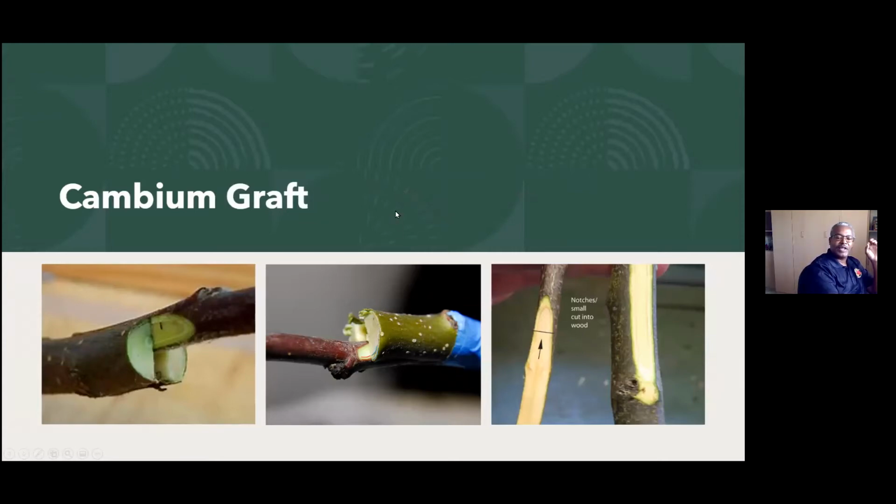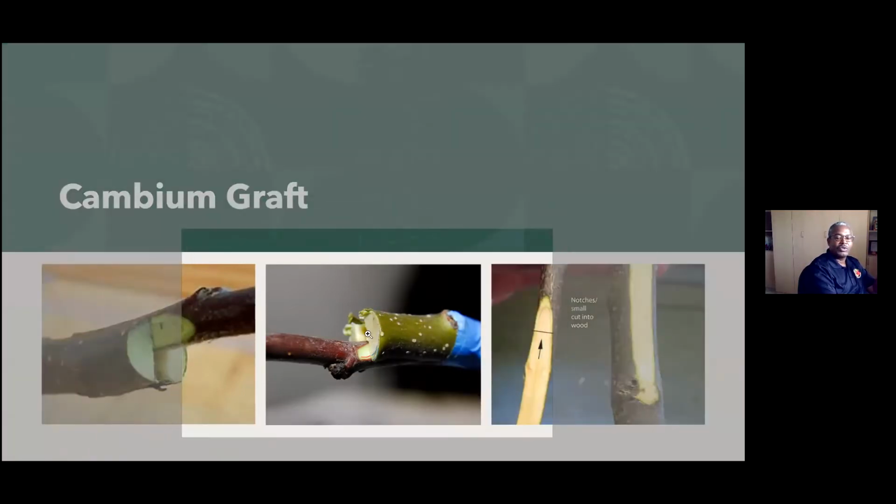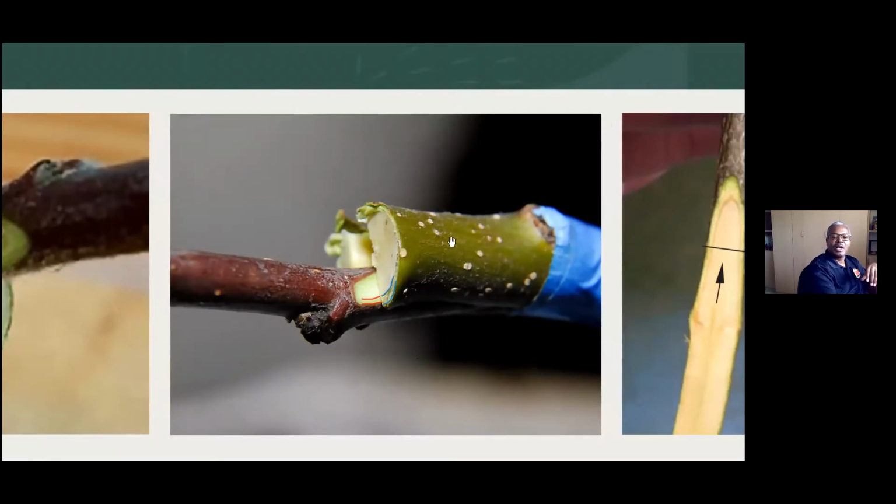This particular slide shows a cambium graft. Most of you already know what grafting is. It's the actual taking of a branch and securing it to the host. In this case, this would be the host, and this would be the actual branch that you're grafting to it. If you look at these red lines and the blue lines, that's the cambium region.